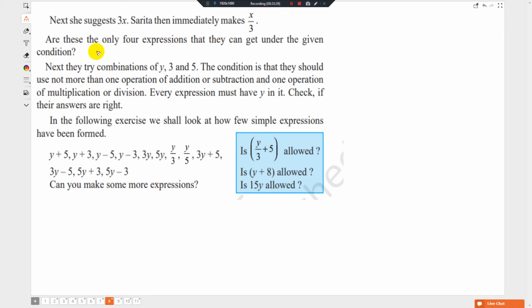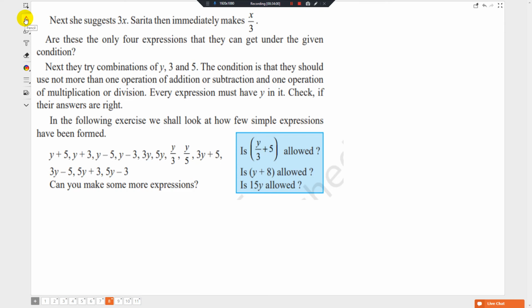Next, they tried combinations of y, 3 and 5. The condition is that they should use not more than one operation of addition or subtraction and one operation of multiplication or division. Every expression must have y in it. Check if the answers are right. In the following exercise, we shall look at a few simple expressions that have been formed.